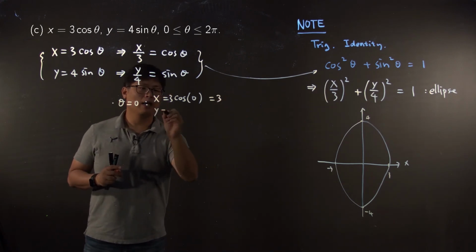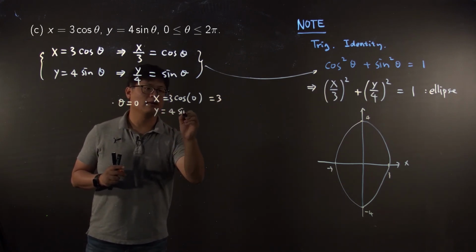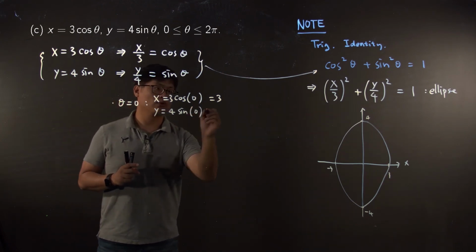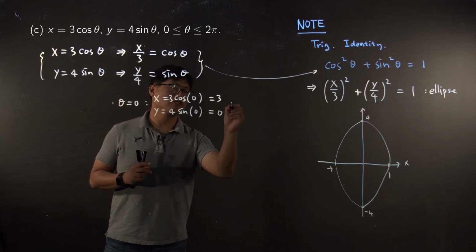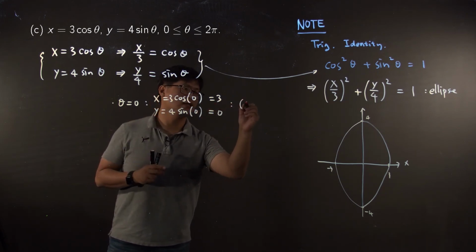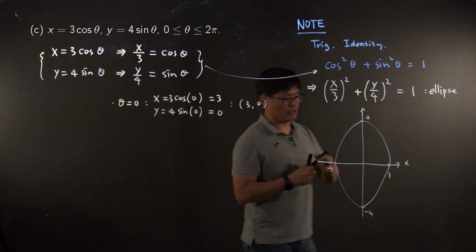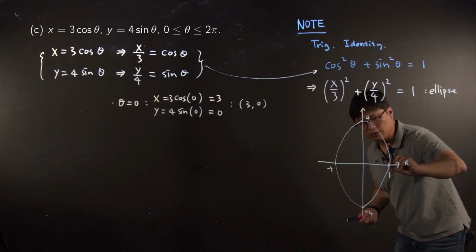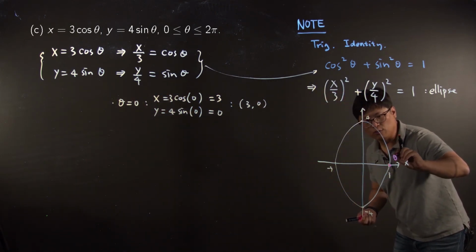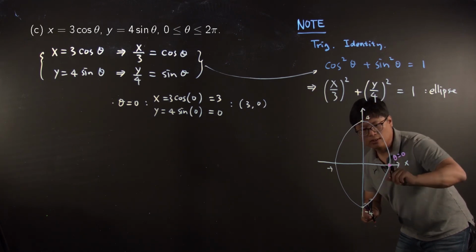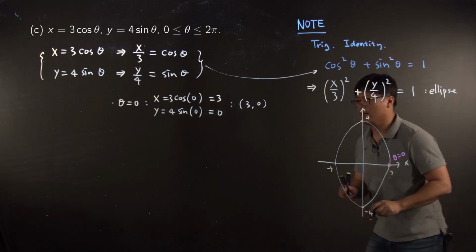And my y, which is 4 sine theta, is 4 sine 0. Don't forget sine 0 equals 0, okay? So that is equal to 0. So your first point at theta equals 0 is (3, 0), okay? Can you find it? Yes, you can do it. I'm talking about this point, when theta equals 0, okay? Oh, I wrote 3. Sorry for the bad writing, okay?